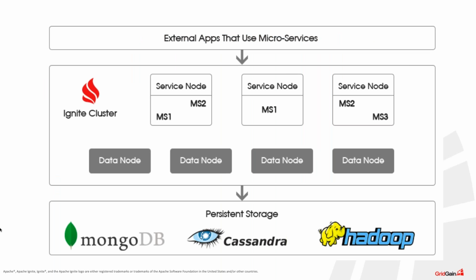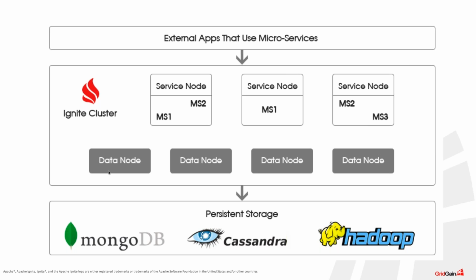Okay, so now we came to one of the possible solutions, a microservices-based architecture, which you might want to use in your own use cases, and the solution basically looks this way. We suggest having an Apache Ignite cluster, but the cluster will consist of two major types of nodes. The first type of nodes is data nodes.